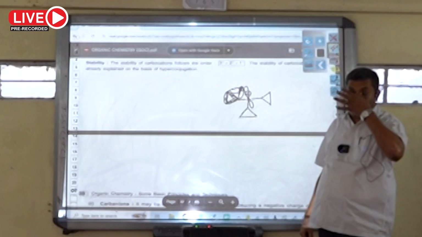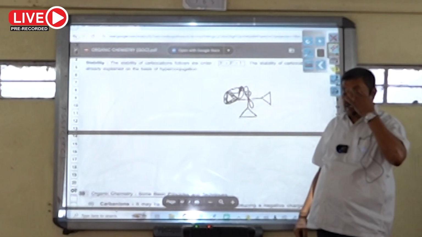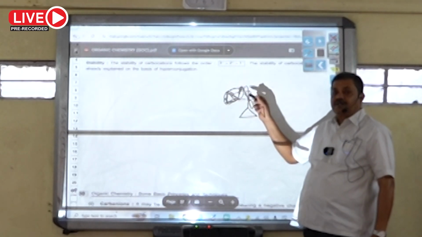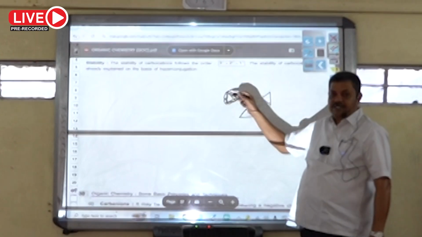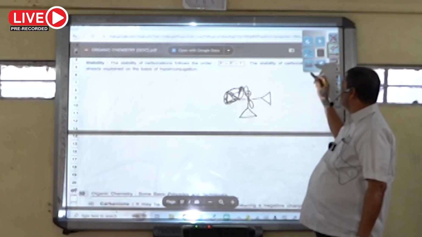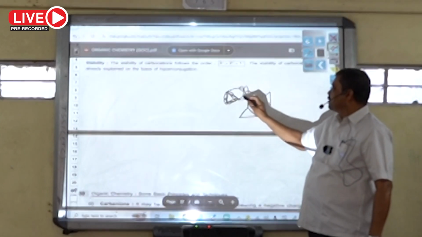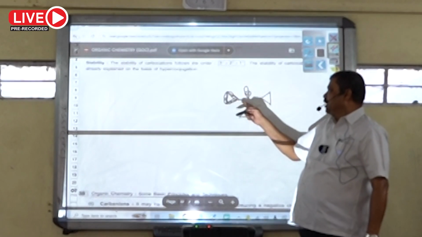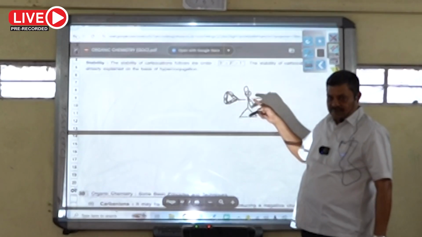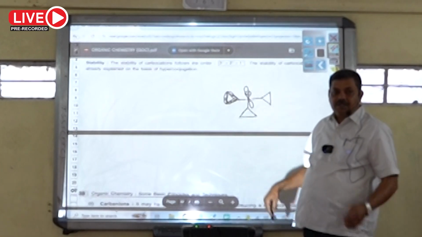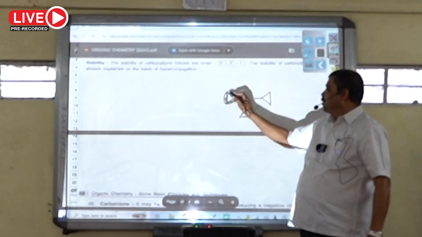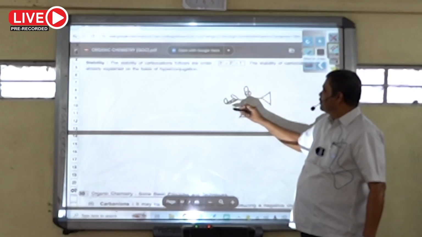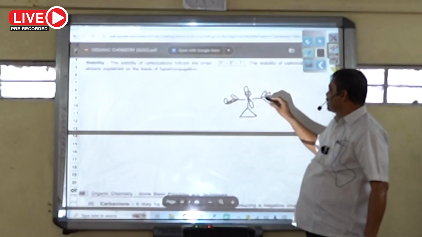Like sigma p overlap hyperconjugation. Here it is a sigma bond only, but not a hydrogen sigma bond, a carbon sigma bond. So with these bent bonds, once again I repeat, actually the orbital overlap should be along this line. To avoid the repulsions, the orbitals simply bulge out. Okay, here I will write.